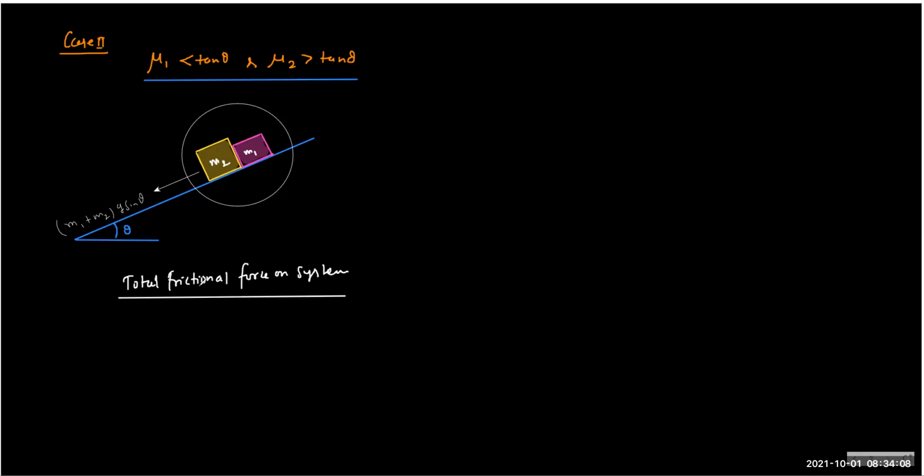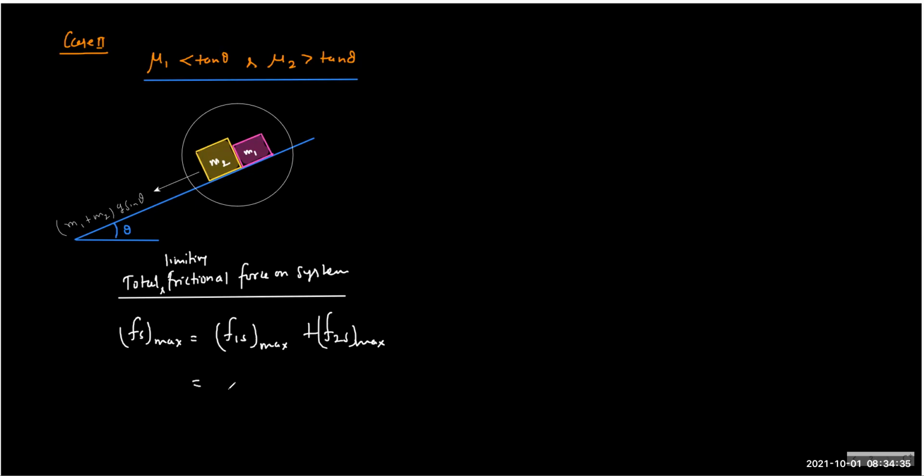Total frictional force on the system means the total limiting friction. So Fs max for the system is F1 s max plus F2 s max. We calculate this part separately. We check whether the system as a whole is overcoming the net frictional force or not.